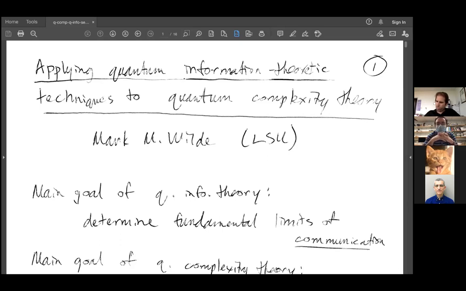So today I'm very happy to be introducing Professor Mark Wilde. Professor Wilde got his bachelor's degree in computer engineering from Texas A&M University in 2002, his master's in electrical engineering from Tulane University in 2004, and his PhD in electrical engineering from the University of Southern California in 2008.